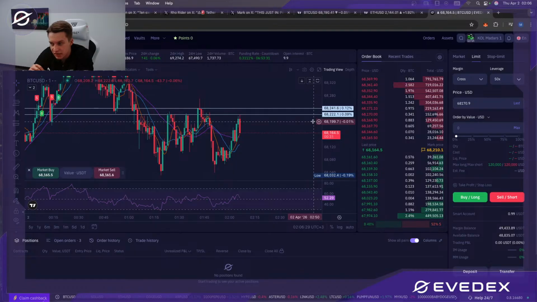But what's interesting is that it perfectly touched that level. You can see that level is there. It just touched it and it went straight back down. It's kind of like a confirmation in a way.